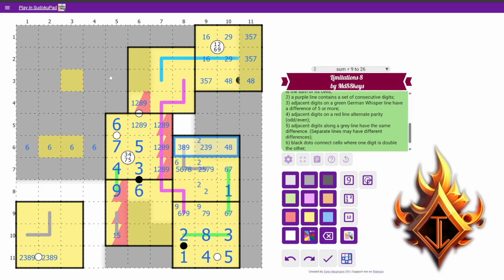Don't know where any other... can't be positive on the other yellow though.